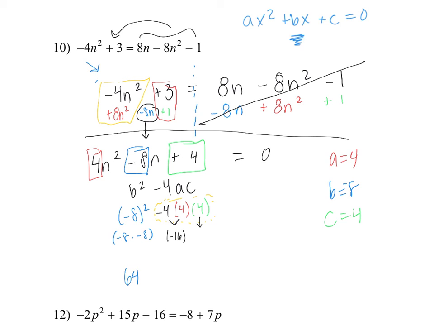Then I'm going to bring this 4 down here and multiply 16 times 4, and we have a negative. So a -16 times a +4 gives me a -64. And here, 64 minus 64 gives me 0. And when my answer is 0, I have one real solution.